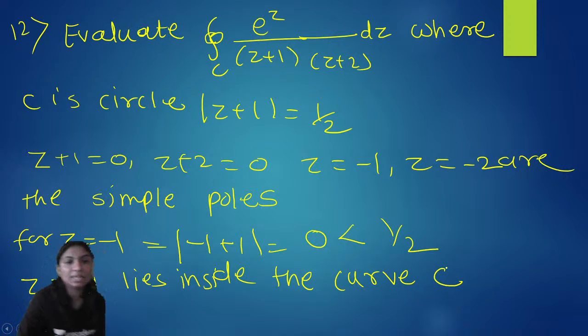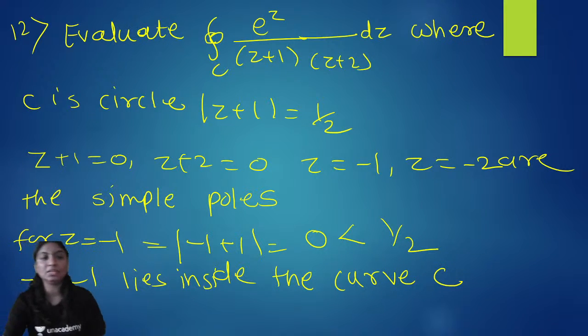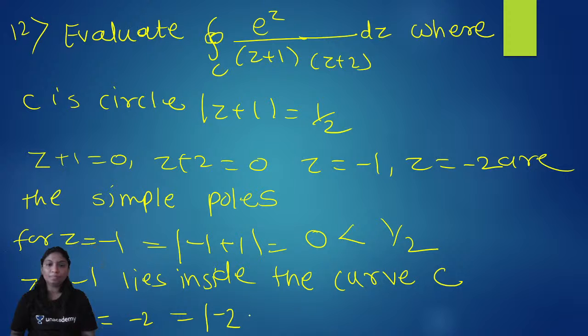And here z equal to minus 2. Check: minus 2 plus 1, the modulus of minus 1, that is 1, which is greater than 1 by 2.